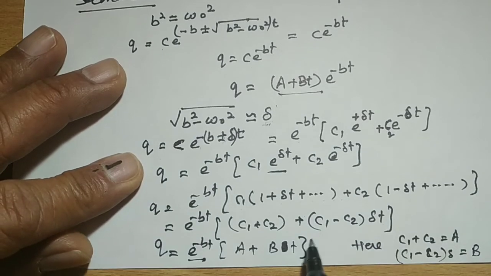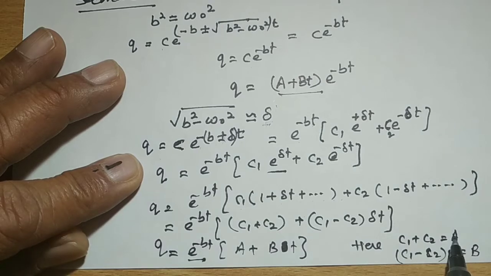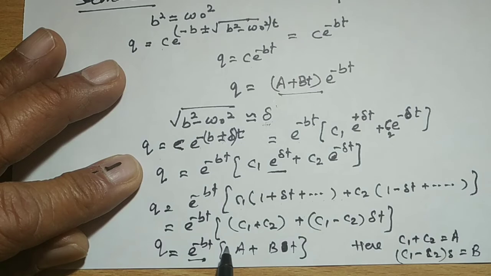Now let us substitute C1 minus C2 into delta equal to B, and C1 plus C2 equal to A. By putting these values, we get q is equal to e to the minus Bt, in brackets A plus B into delta into t. So A plus Bt.